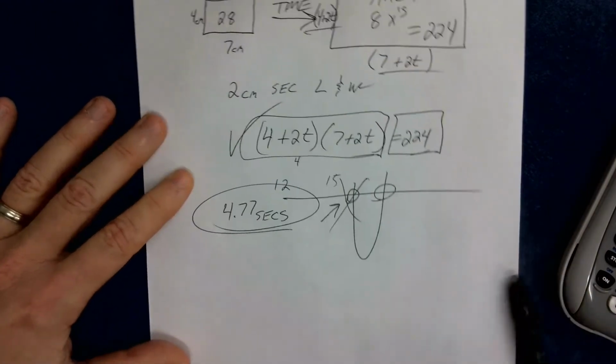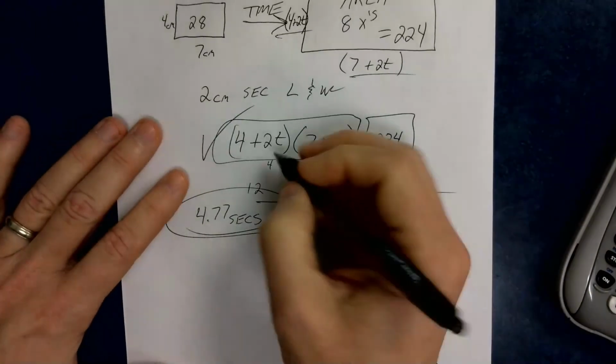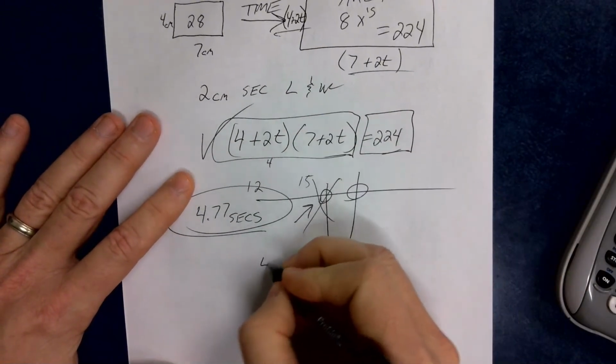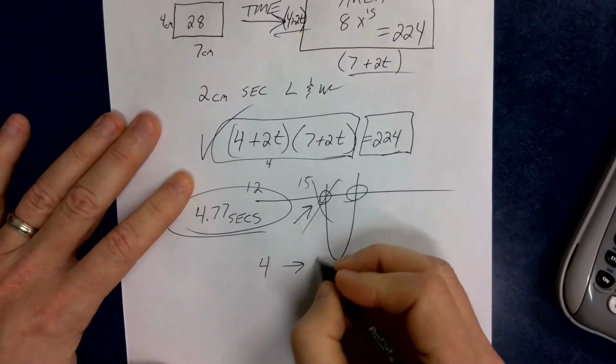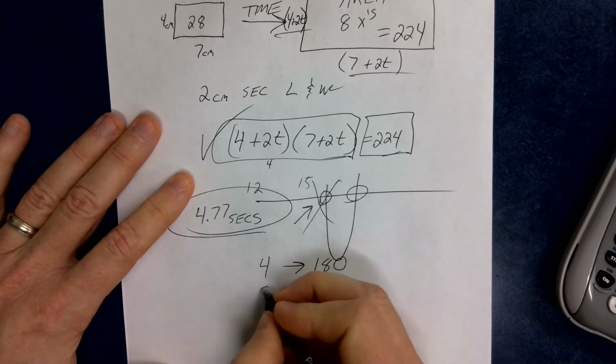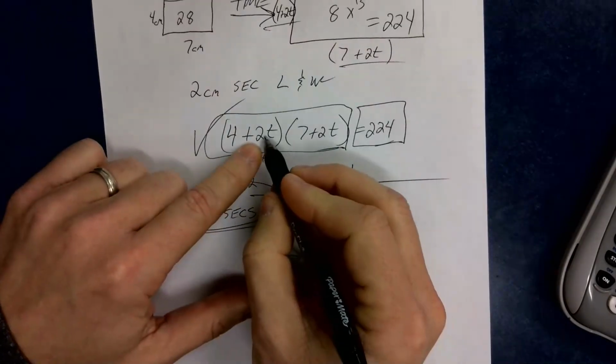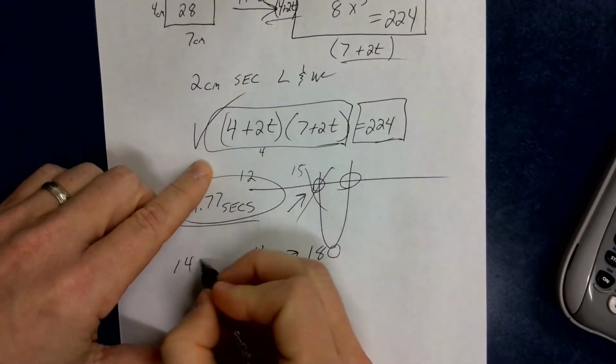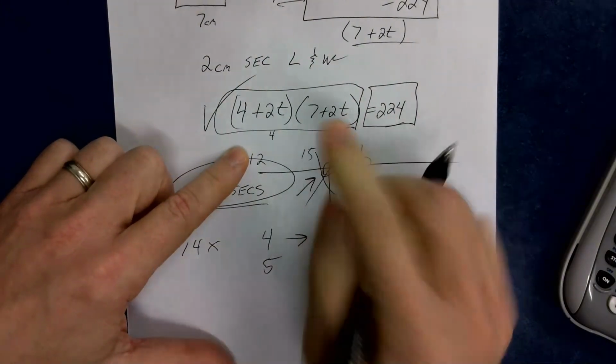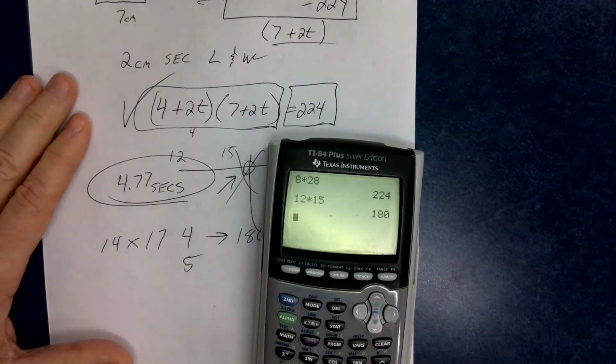Now, let's just check that 5. Remember, 4 gave me 180. Let's see what 5 gives me. So that would be 14 times 17. On my calculator, clear, 14 times 17.